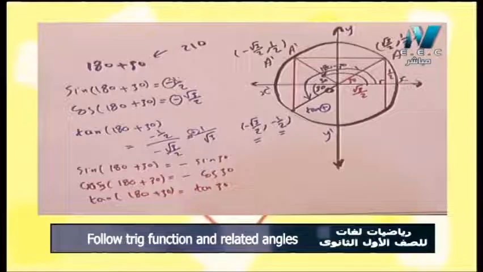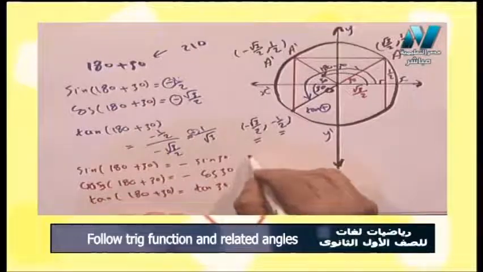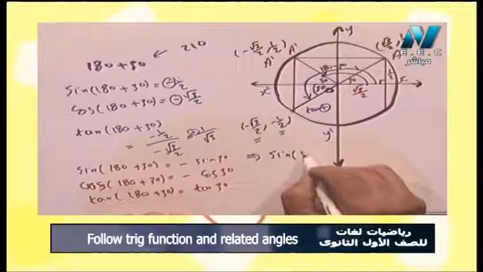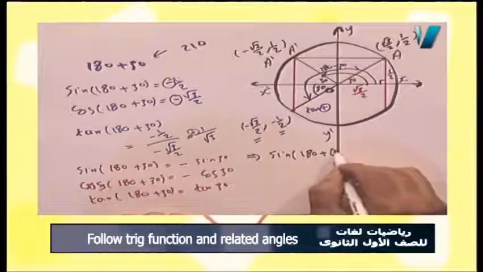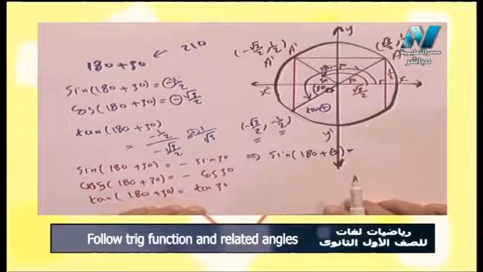And we can generalize this rule, and we can say that sine 180 plus theta, and we know that theta is an acute angle included between 0 and 90.